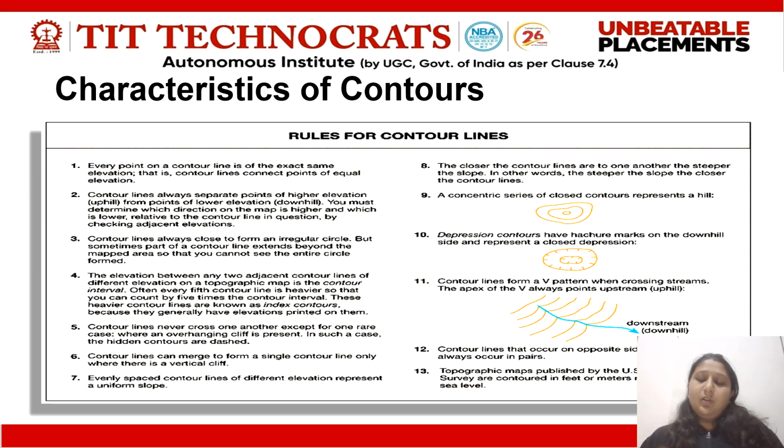Suppose I'm going along a straight alignment where somewhere I have a planar surface, somewhere a dip, and somewhere a rise. The portion which is above my main baseline, I need to cut the ground. And the portion which is below my baseline, I need to fill with certain material. Hence, the contour map or contouring method is very essential to decide the amount of cutting and filling in the case of embankment construction.